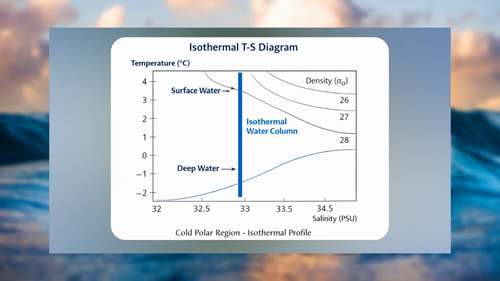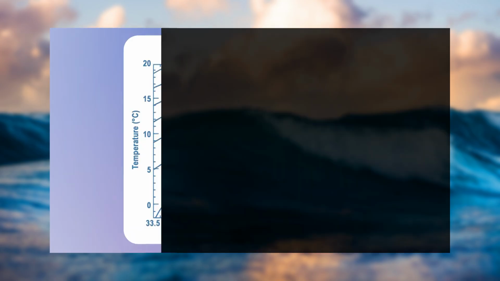Since both surface and deep water have almost the same temperature in these cold areas, the water column is called isothermal in the TS diagram.